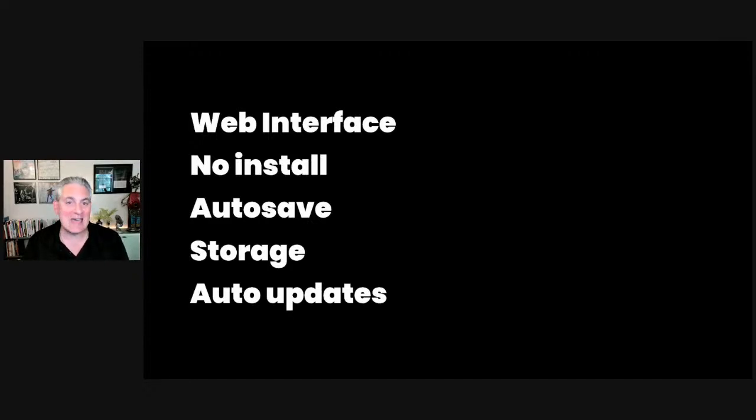As soon as you make an edit, boom, it's saving up to OneDrive. Storage, well, it's on the web, so you are going to require storage from Adobe to store your work. Now, I don't know exactly how that's going to show up, but there will be a storage component. And finally, auto updates to the software. Of course, it's web-based software. They're going to push out updates all the time, and of course, you will see those updates, right? Pretty cool.